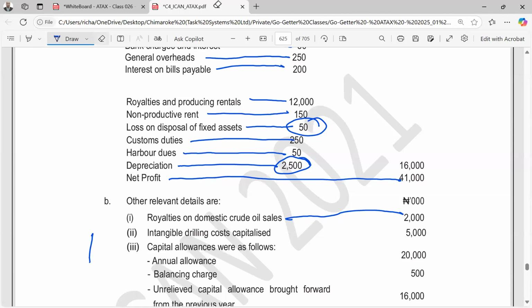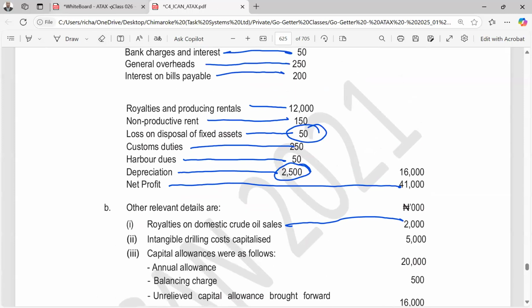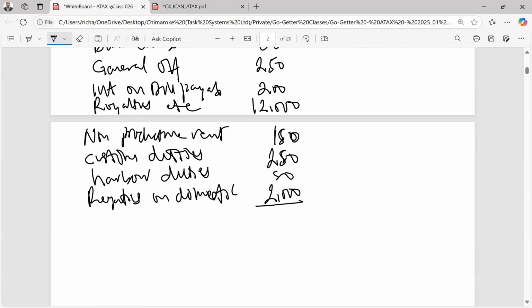So the rest are not expenditures that are operational in nature. So we'll do all of this now. Let's add this.